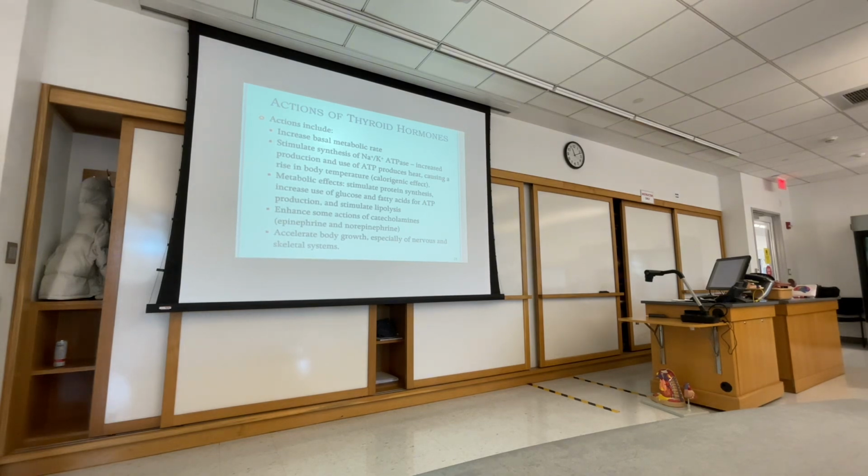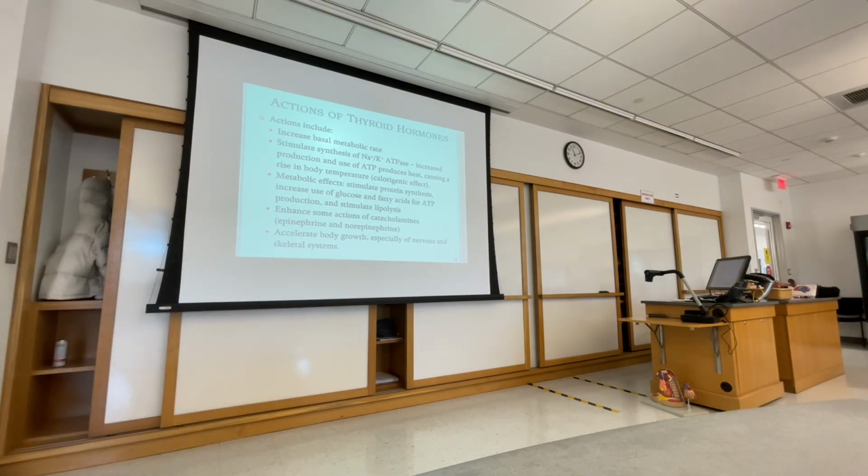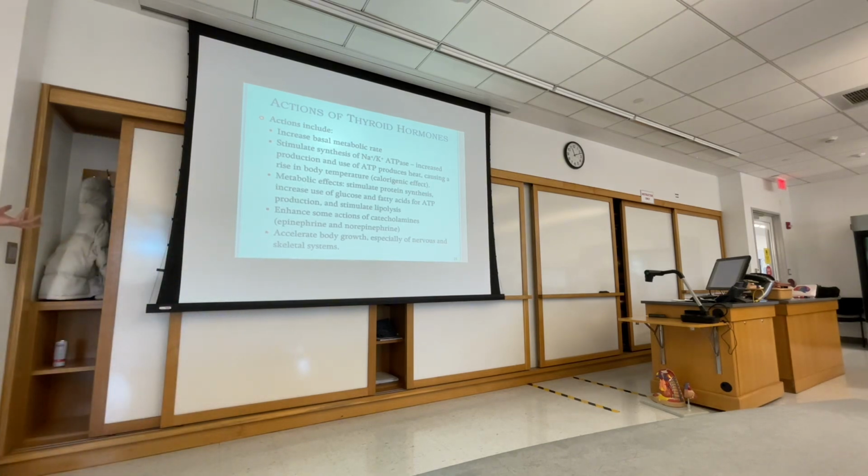Remember, we talked about the sodium-potassium pump a lot when we talked about the nervous system in A&P1, but the truth is all body cells have this little pump, and by increasing the synthesis of this, it creates more usage of this particular pump, and as this pump's being used, it actually generates some heat. So there is a slight rise in body temperature as T3 and T4 levels go up, simply by increasing the activity of chemical reactions throughout the body, as well as increasing the activity of this pump. All of those things have kind of this heat-producing effect.